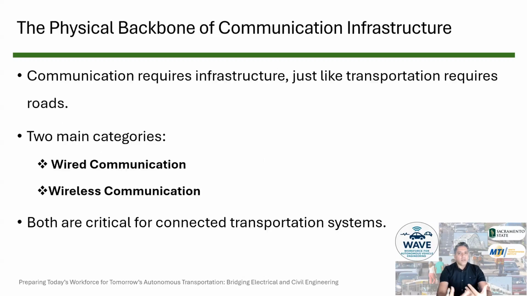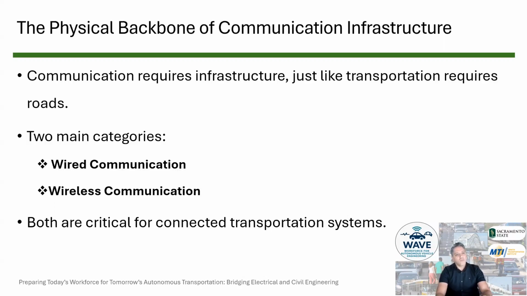Now, when we talk about communication on the technical side, we have two entities that communicate. The medium, the infrastructure that sends or receives the information, is critical, just like transportation requires roads and other parts. So the infrastructure is critical for communication as well.